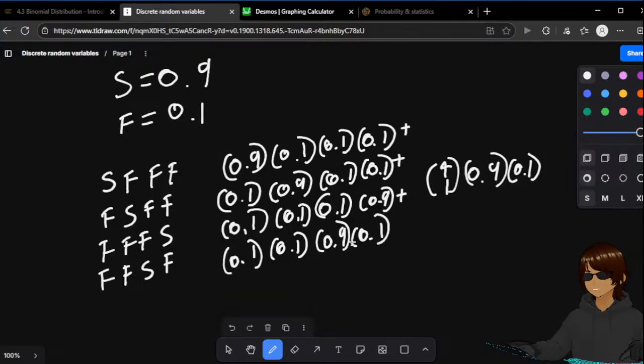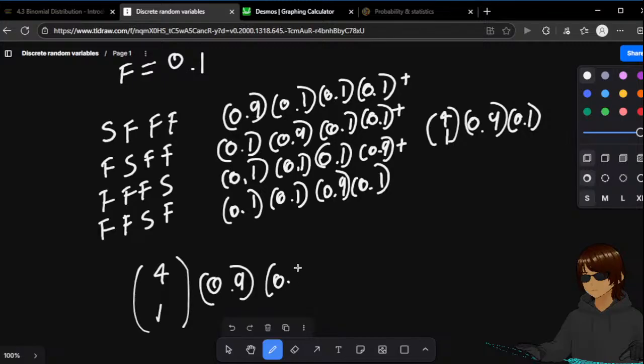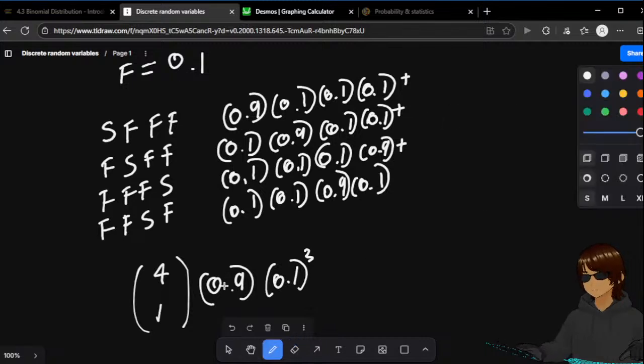But since all the terms are the same, we can just add them. Since there are 4 choose 1 ways of doing this, we can just write 4 choose 1. Since the 0.1 is repeated 3 times, you can just write it to the power of 3. 4 trials, 1 success, and 3 fails.